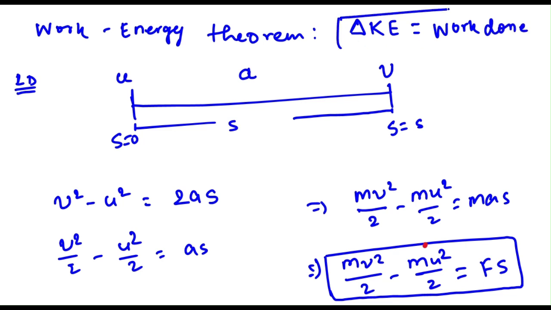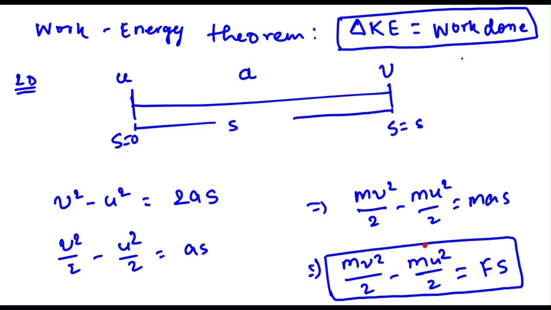So this is the final kinetic energy, mv square by 2, where v is the final velocity, that is the energy related to its motion in its final stage, and this is the energy related to its motion in its initial stage. So final kinetic energy minus initial kinetic energy is the change in kinetic energy.